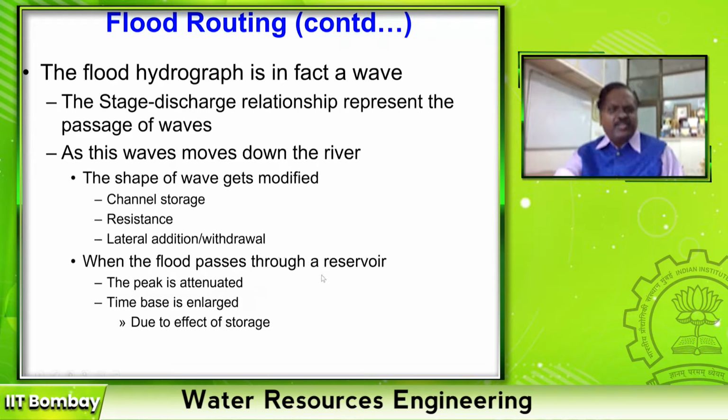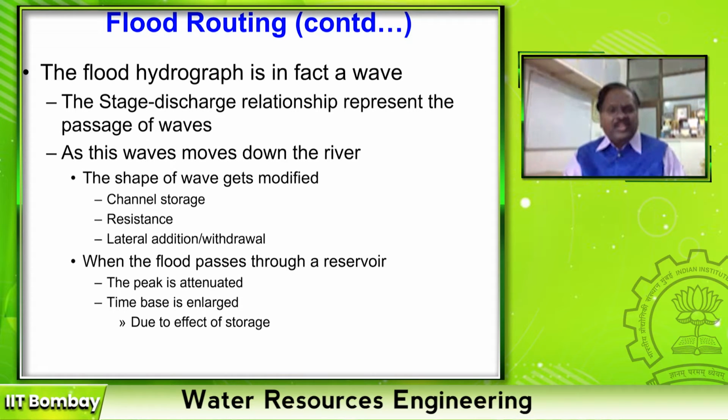But the shape of this hydrograph depends upon the channel storage or the reservoir storage, the resistance offered by the channel through its channel characteristics. If there is any addition of sub-basin or removal to the channel, that also will affect the change of this flood routing.